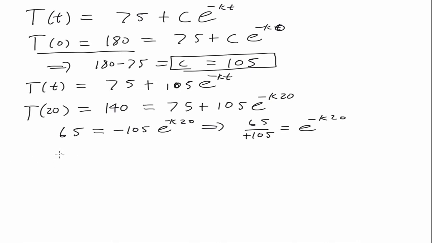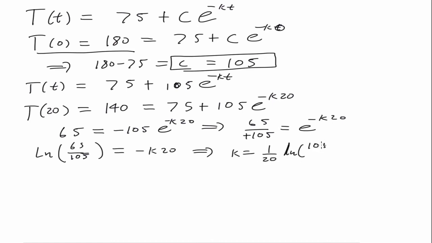Okay, so now we go further. We take the logarithm of 65 over 105, whatever that value is. I can't do the arithmetic right here in my head. And that's going to be equal to negative k times 20. Because we have a negative value, we can just flip the logarithm, so we actually get k is equal to 1 over 20 times the natural log of 105 over 65.